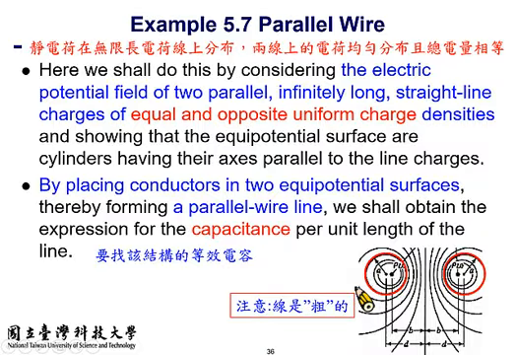Well, suppose this is a 2 conductor arrangement, and in order to find out the capacitance, you apply some positive charge on this line, and you apply some negative charge of the same amount.